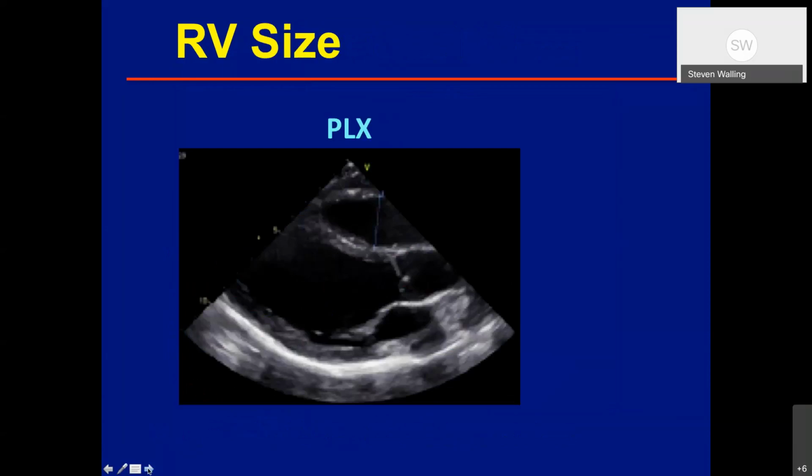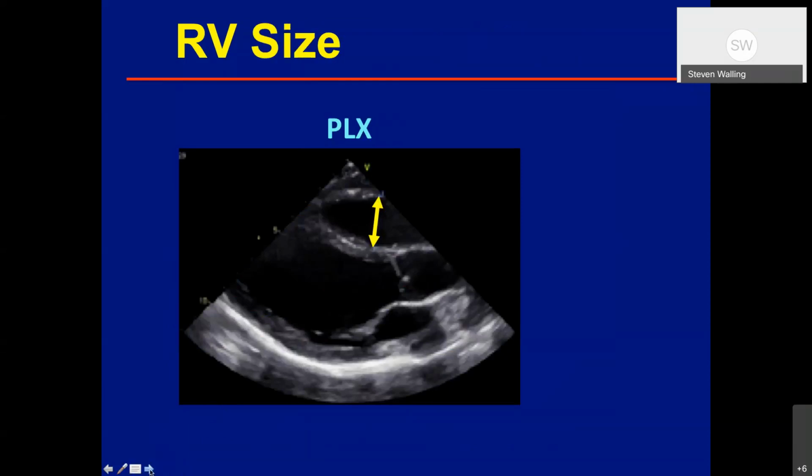Some very basic numbers here, especially for the first years. This is the parasternal long axis view, the first view of all the echo studies, and you can look at the RV. So what is this size in your mind?